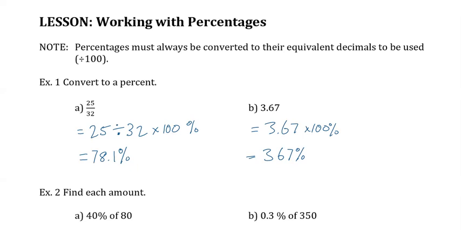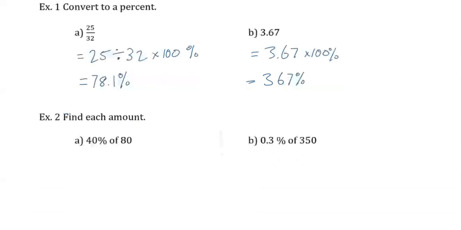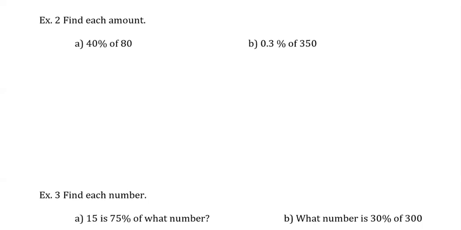Okay, good. Find each amount. 40% of 180. Now, a useful trick here is that in mathematics, the word "of" means multiply, or multiplication.